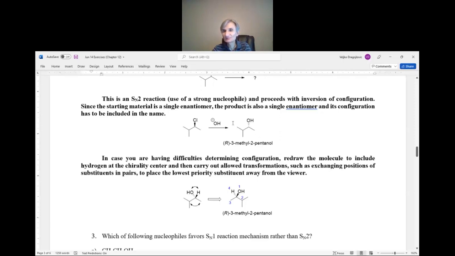So 4 carbons. Actually, it's butanol, not pentanol. I'll fix this right now. 4 carbons, that's butane, so the alcohol is butanol.